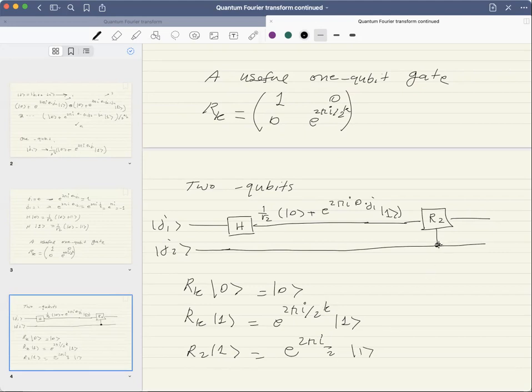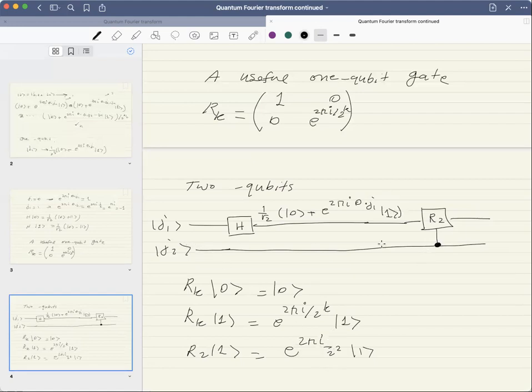So when J2 is equal to 1, I take this 1 and multiply it by e to the 2 pi i times a quarter.